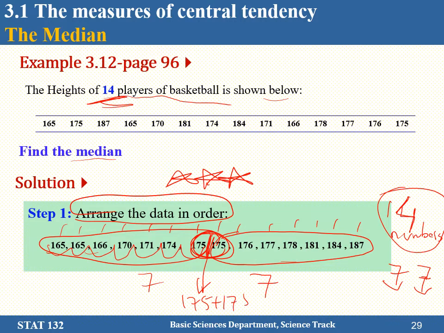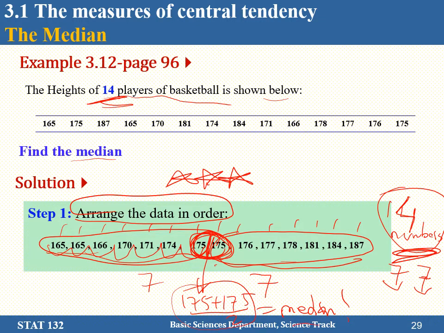So you add them, divide by 2, and this gives the median. As you see, if we have an even number of values, you can divide the data into two equal parts, 7 and 7, and then you take these two middle numbers and find the average of them, and it makes the median.